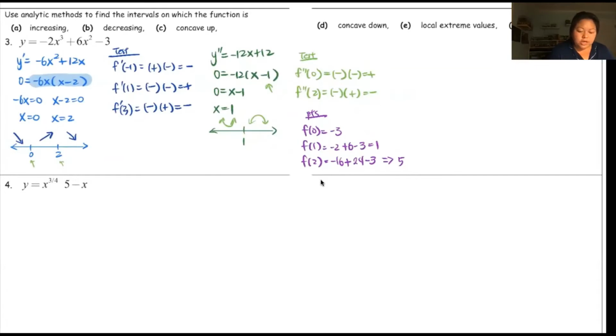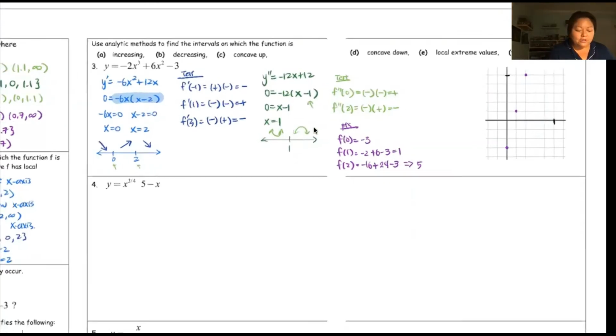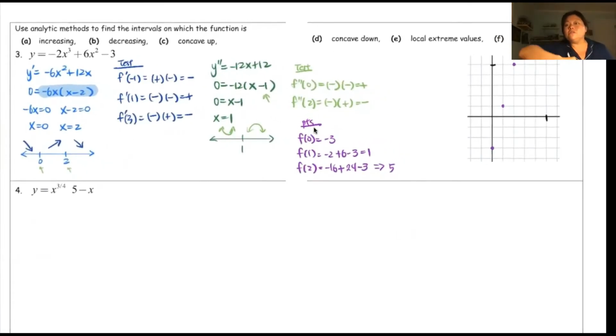Okay. All right, so let's see. I would suggest to use graph paper. So we have the points (0, -3), (1, 1), (2, 5). Okay, so these are my 3 points. And it doesn't say much when you see these 3 points, because if you didn't have all this information that we figured out using our first and second derivative, you would think, oh, just draw a straight line through it. But it's really not a straight line, right?